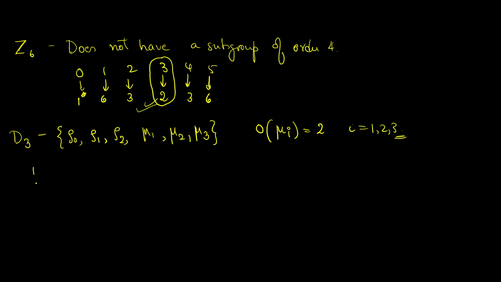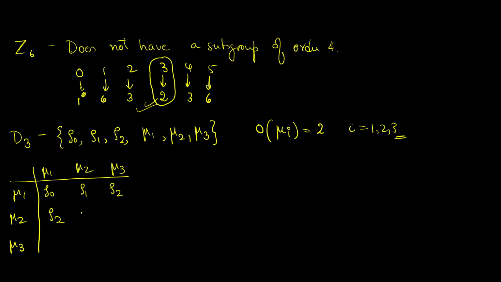If we write down the table just for these mu i's, we have mu1, mu2, mu3 along both axes. It will look like rho naught, rho 1, rho 2, rho 2, rho naught, rho 1, rho 1, rho 2, rho naught.